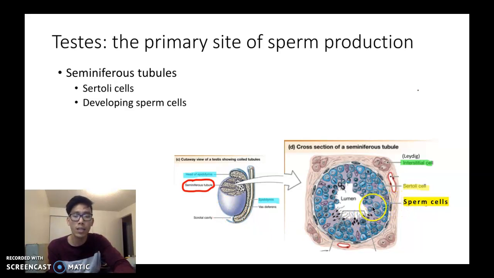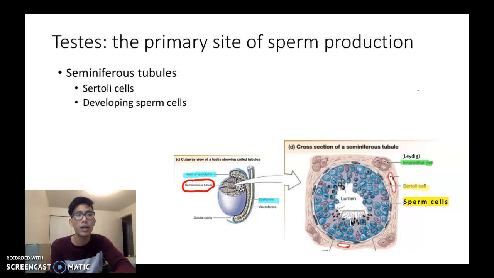The sperm cells, in all forms of development, are the ones that are in blue, and these, as you can see, are stacked from spermatogonia all the way up, as they develop into the spermatozoa. You'll also notice Sertoli cells. And Sertoli cells is this purple large cell right here.